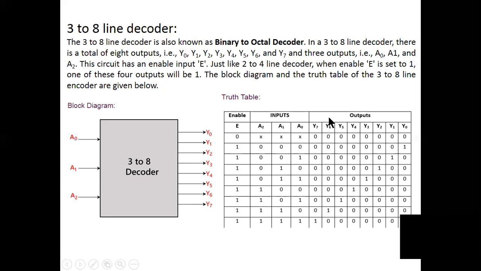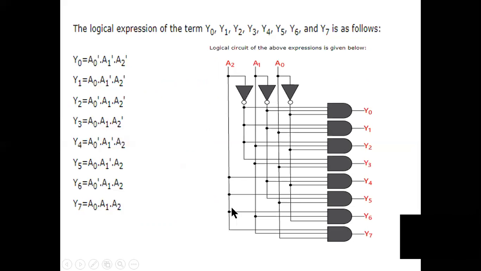That is a truth table for this 3 to 8 decoder line. So this is your code generated. That is the logical expression of your Y0, Y1, Y2 up to Y7 as follows. What is Y3?